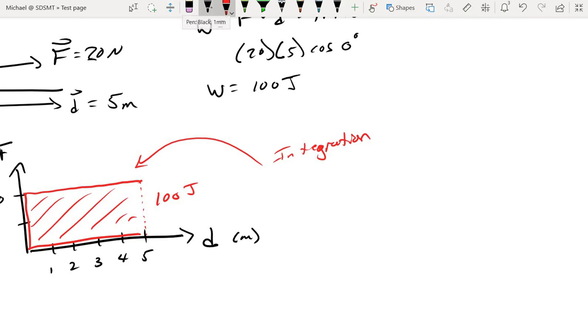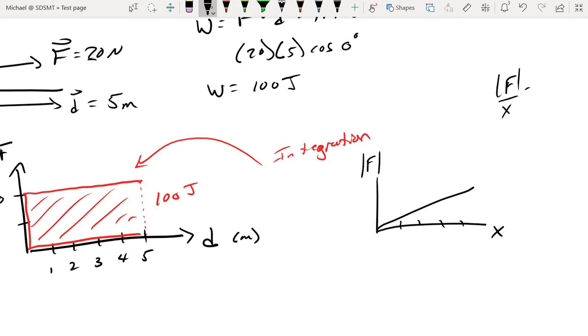So what did we do for the spring force? Well, our spring force, if we go with the magnitude of the spring force, because the spring force is actually a negative, but if we go with the magnitude, and we were to measure that, well, the ratio of the spring force to the displacement, that was k.